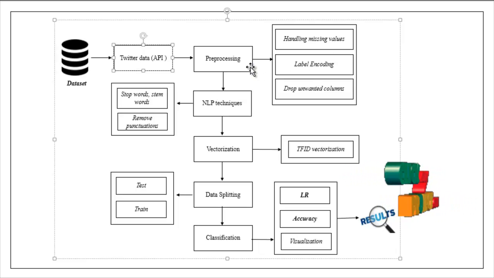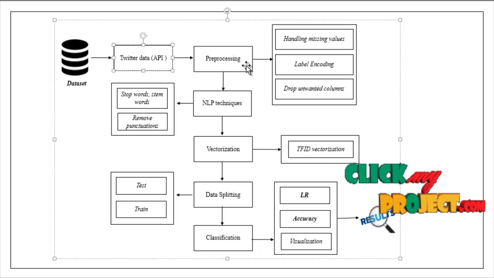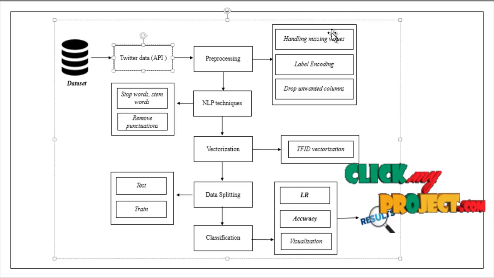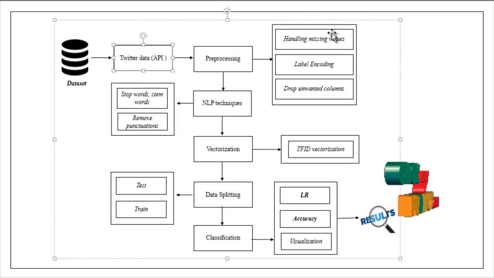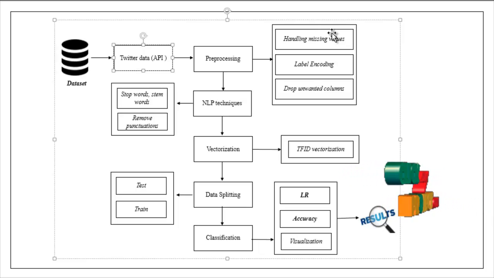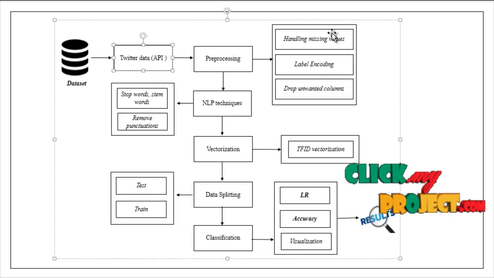The pre-processing means we have to remove the unwanted data or clean the data set. So missing values means we have to check if any missing values are present in our data set. If you have any missing values in your data, we have to replace those missing values with zeros.